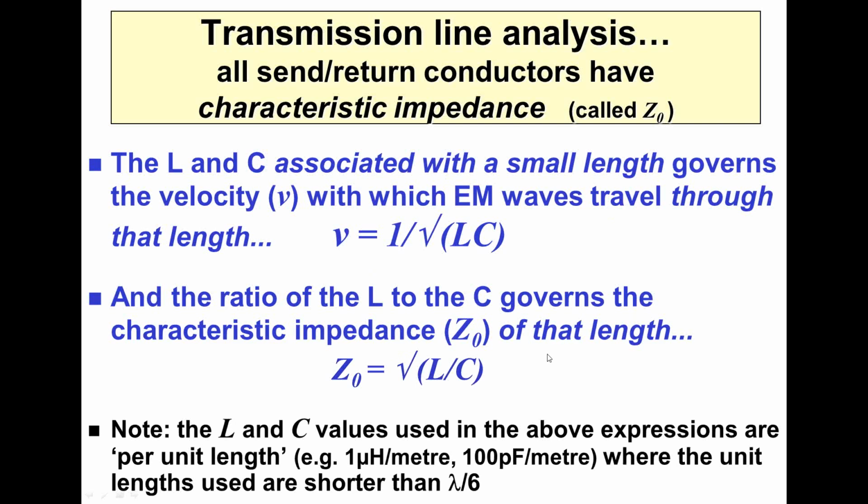Now, the L and C values we use are associated with a small length, a per unit length. Depending on the wavelength, we might talk about per meter, or per centimeter, or per inch, or per millimeter, as long as the unit lengths we use are shorter than a sixth of the wavelength at the frequency we're interested in.